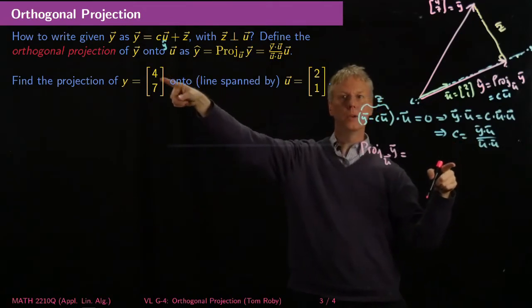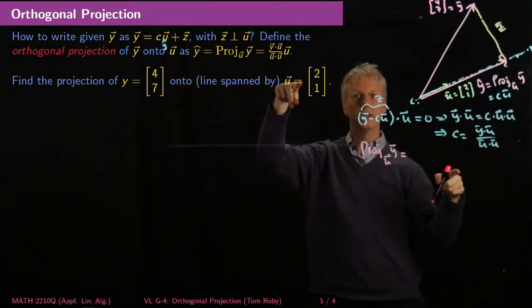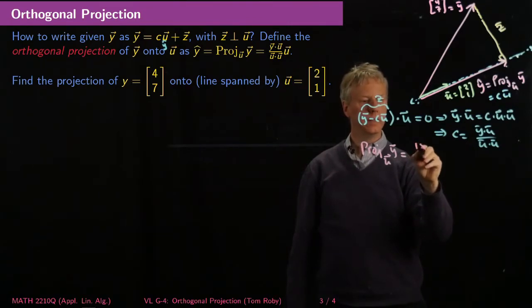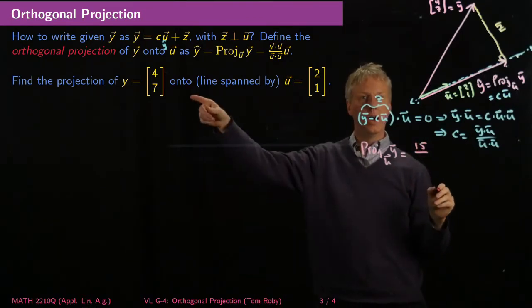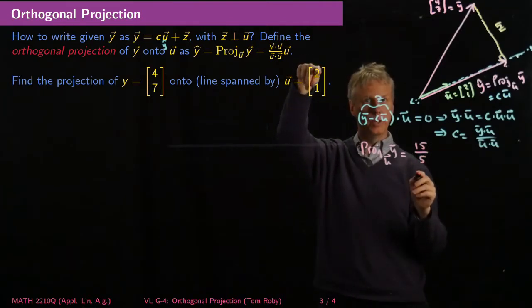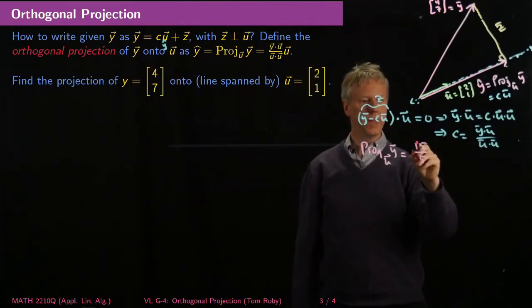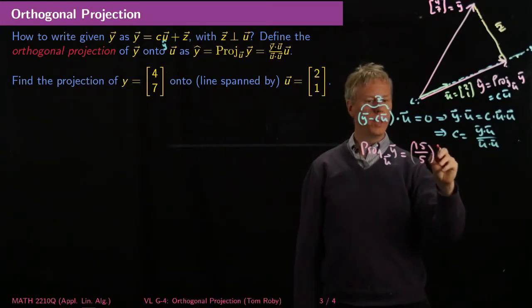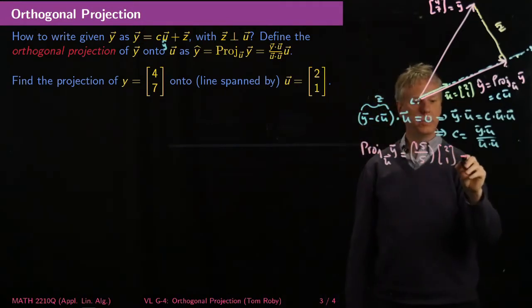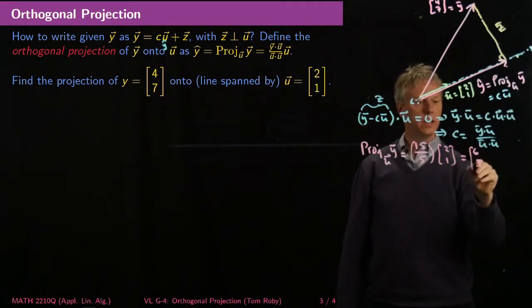So that's 4 times 2 plus 7 times 1, which is 8 plus 7 is 15, divided by u dot u, which is 5, right? 2, 1 dotted with itself is 5. That's the squared length of that vector. And now I need to multiply that times the vector u, which is just the vector 2, 1. So I end up with 3 times 2, 1, or 6, 3.